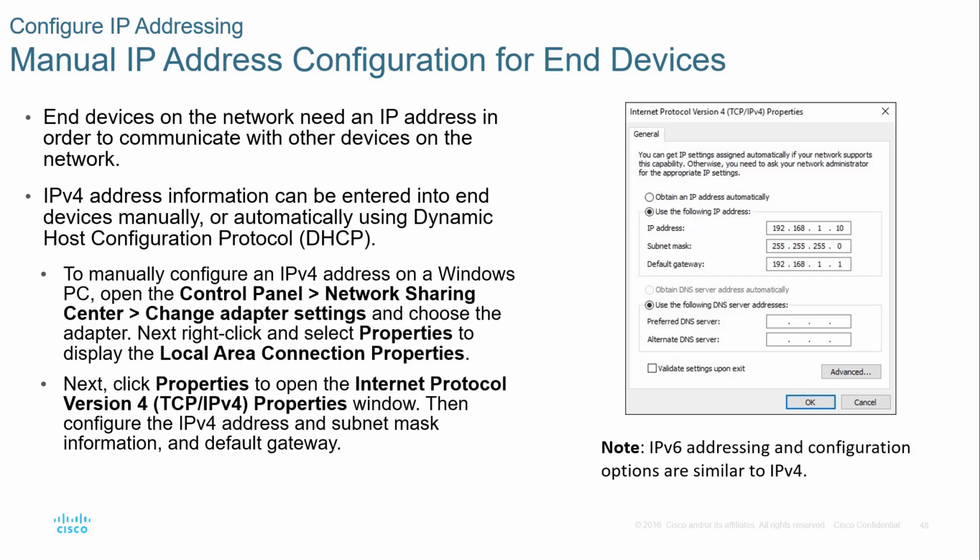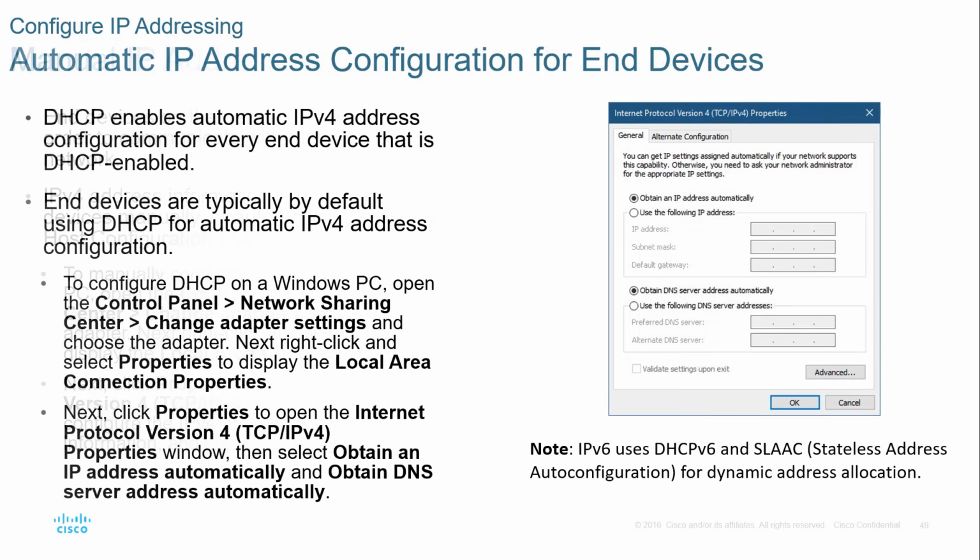If we actually do have DHCP, we would leave them as obtain automatically, and that would be all we need to do. IPv6 actually has dynamic address assignment without DHCP. That's outside the scope of this video.